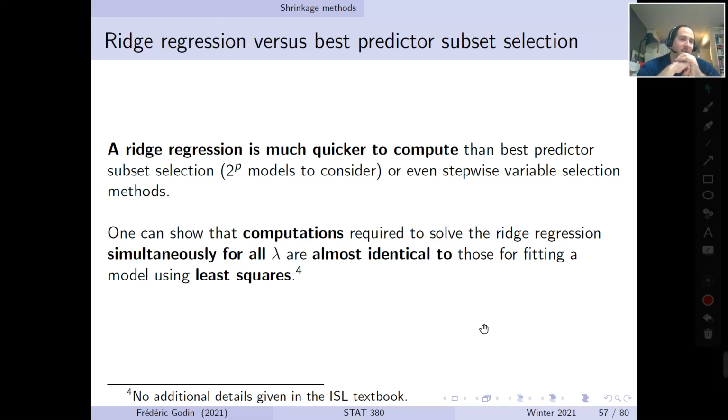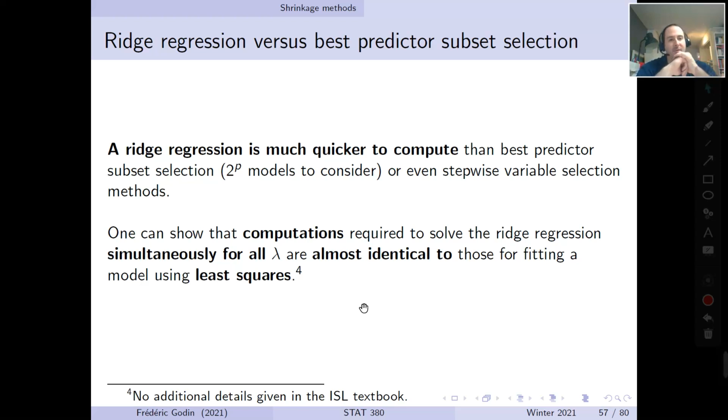You might think, well, this is still very long, but there's a result which entails that if you find the solution for one value of lambda, then you can solve almost simultaneously, through minimal additional computations, for all values of lambda at the same time. So if you want to test 100 values of lambda, it's almost as quick as if you test a single value of lambda.